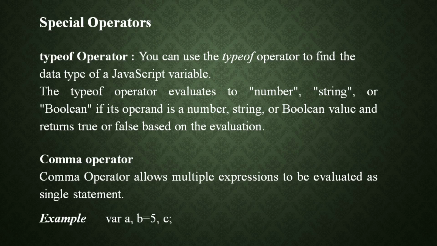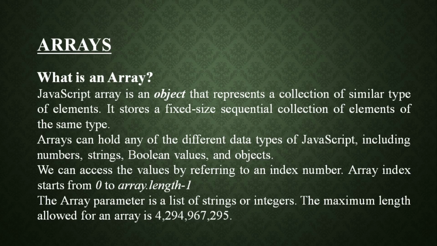And the comma operator allows multiple expressions to be evaluated as a single one. If I want to initialize or else assign two values, then I can use a comma, A comma B. Similarly, I can use 3 variables, 4 variables as we wish. This is about operators, and the next topic is arrays.